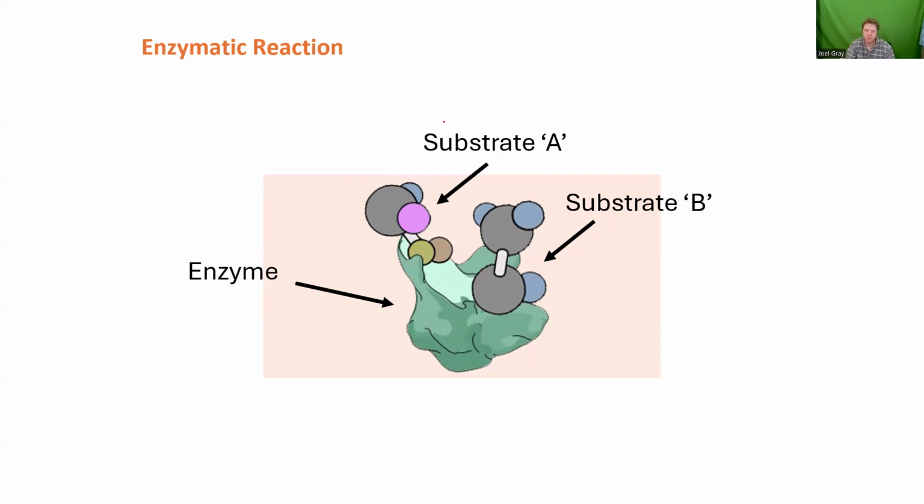And a very fair question somebody is probably curious about is, well, is that how it works? Do enzymes bind two substrates at the exact same time? Or is an enzyme going to bind A and then bind B, or bind B and then bind A? That's a fantastic question, because it's variable. And we're going to get into modeling that and looking at what that looks like in just a little while.